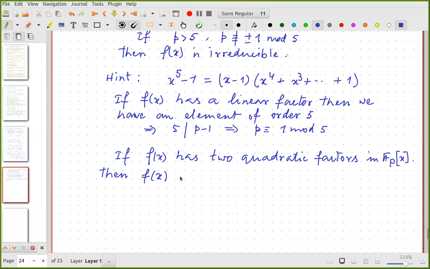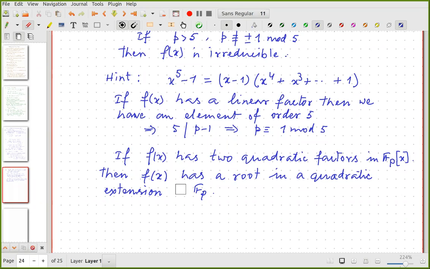So then f(x), a degree 2 extension, degree 2 quadratic extension K of Fp, say.